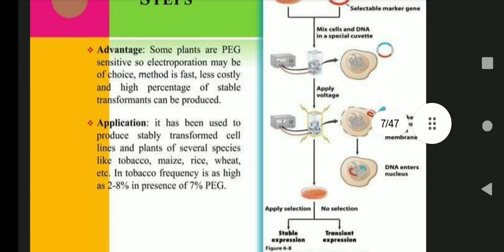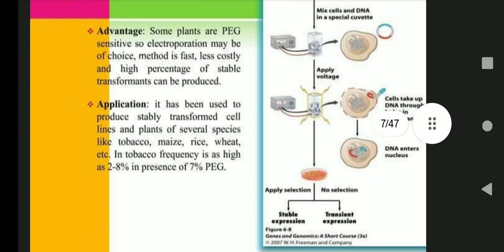Then how do we select whether a cell contains the plasmid DNA or not? By selective, stable expression of the plasmid containing the foreign DNA, we can identify whether the gene is present or not. This method is advantageous.